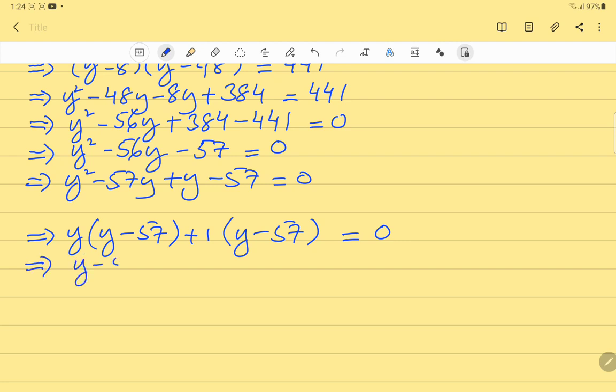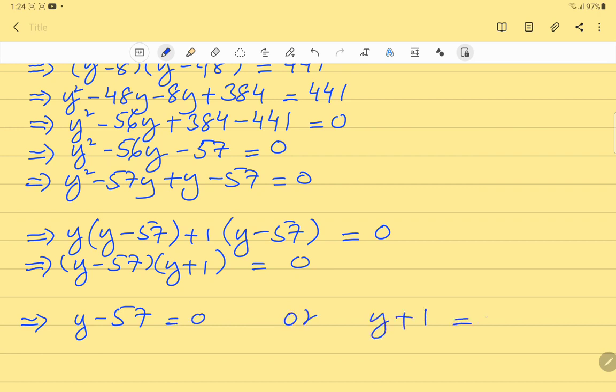So y minus 57 is common in both, and the left is y plus 1. So now either y minus 57 is equal to 0 or y plus 1 is equal to 0.